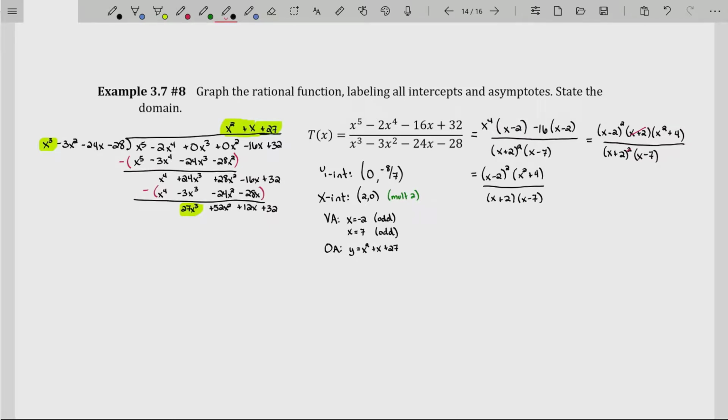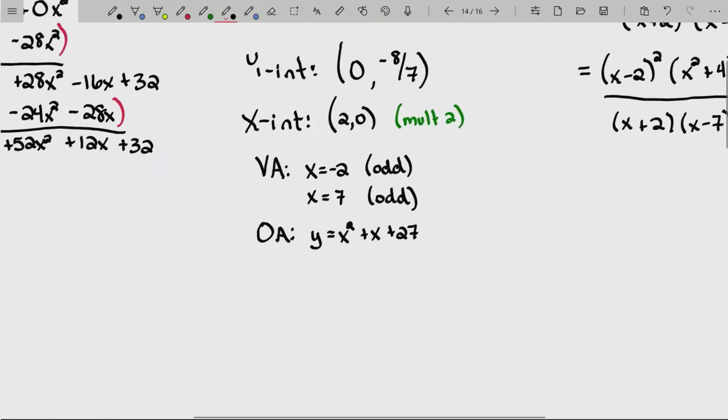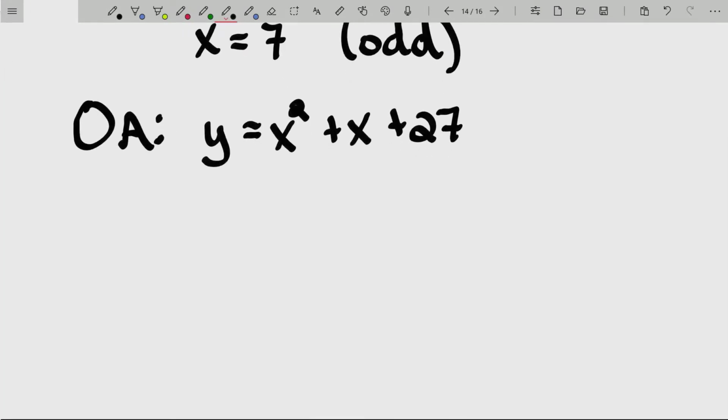Now the thing about oblique asymptotes that are quadratic or higher in order like this is that you have to be very careful with your scale on your y-axis. And this is probably why a lot of people don't assign something like this. The scale is so significantly large on the y-axis that it can be a little troublesome to graph these. Think about graphing that parabola, x squared plus x plus 27.